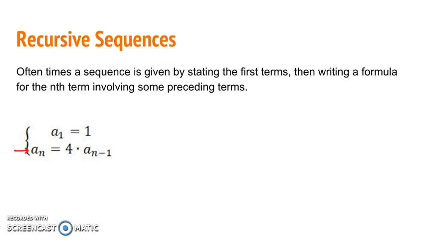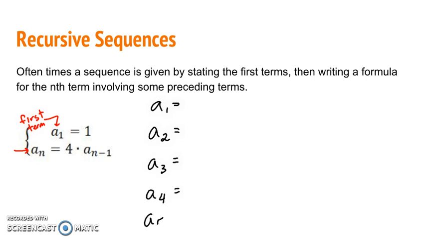When you do these types of problems, they're going to typically ask you to list out the first 5 terms. So if I have a sub 1, that is my first term. If they want me to list out the first 5 terms, I'm going to need to know a sub 1, a sub 2, a sub 3, a sub 4, and a sub 5.